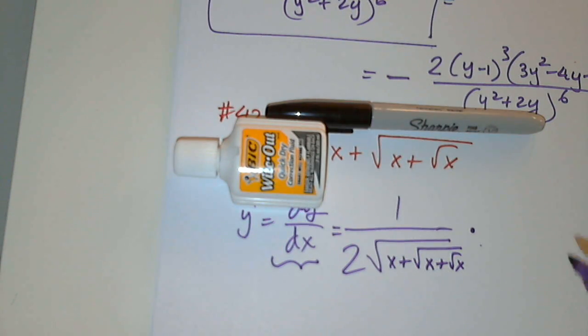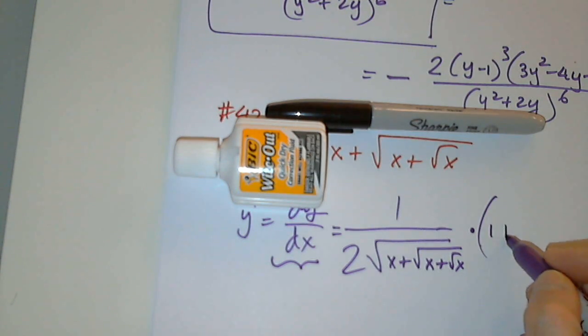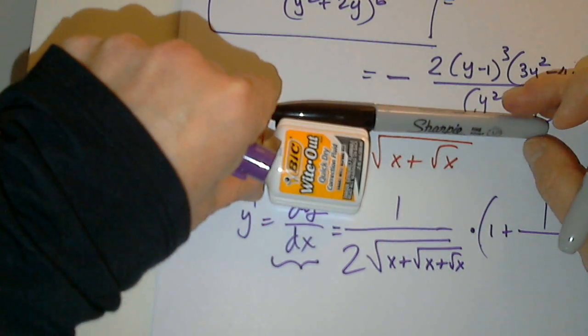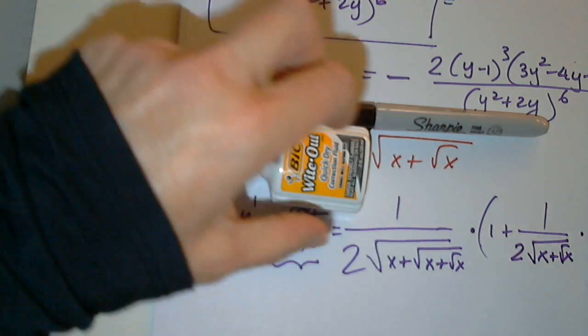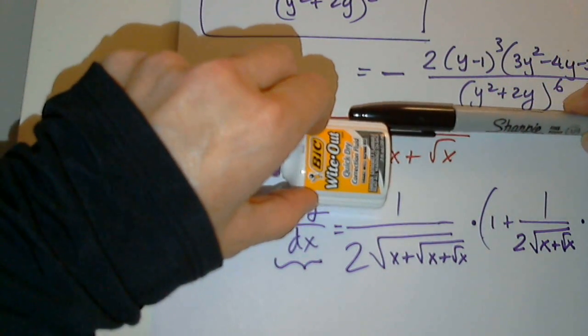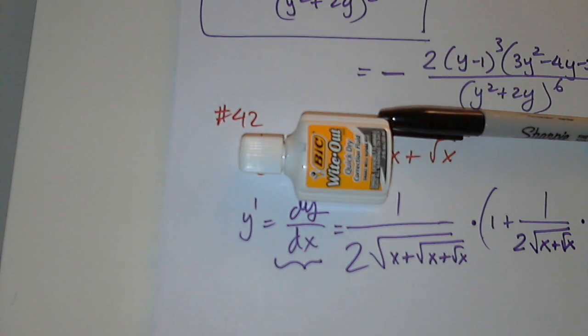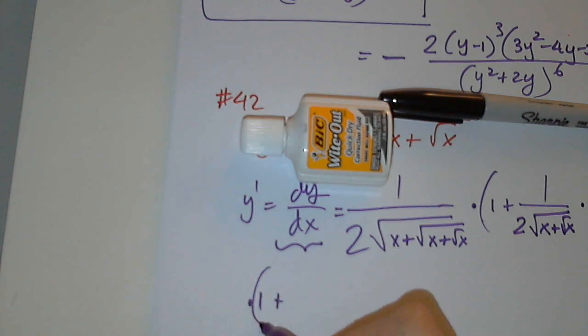So the 1 plus 1 over, now I'm here, I differentiate this function: 2 square root of x plus the square root of x, times the derivative of this function. 1 plus 1 over, yes, in parentheses, 1 plus 1 over 2 the square root of x.